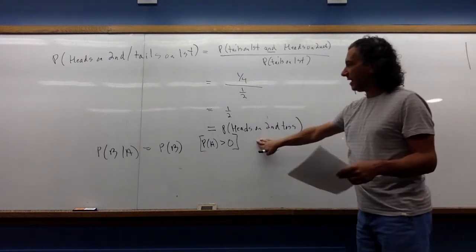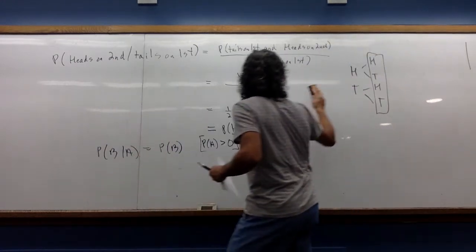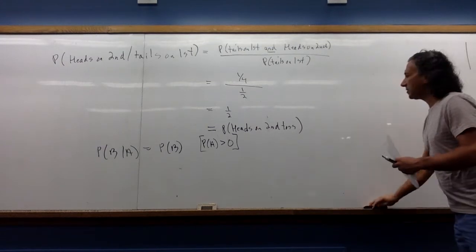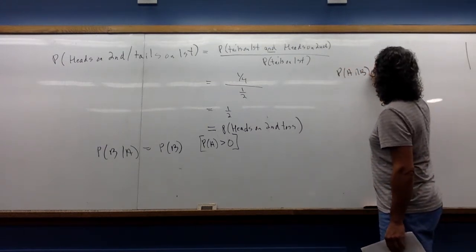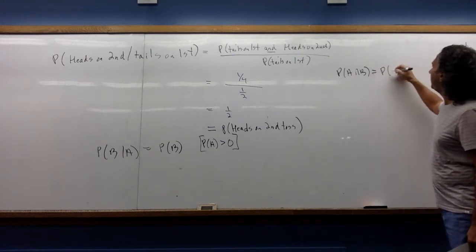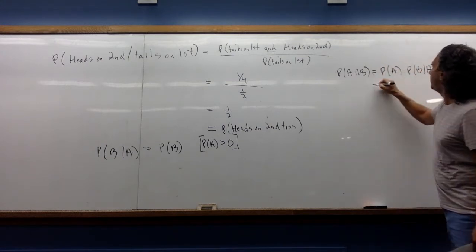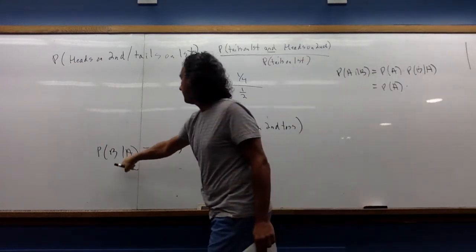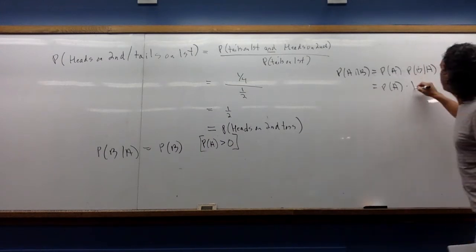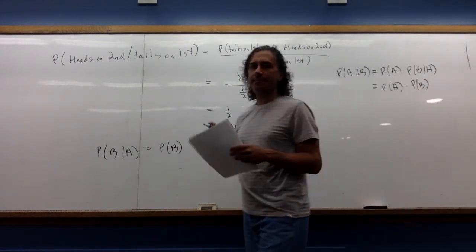Anyway, what happens to the multiplication rule? Well, in this special case, the multiplication rule, which is the probability of A and B equals the probability of A times the probability of B given A, becomes the probability of A times the probability of B. So it simplifies to this nice product.